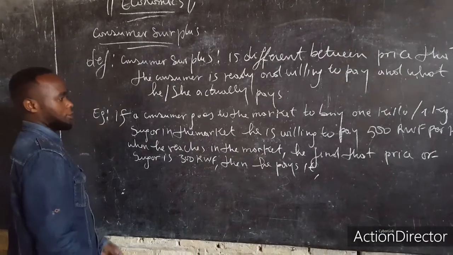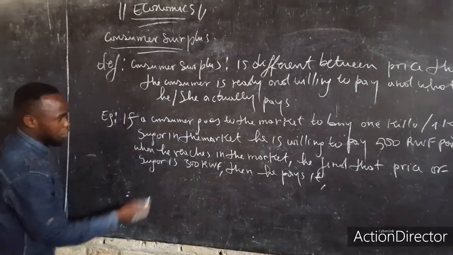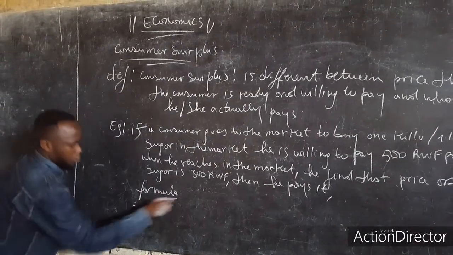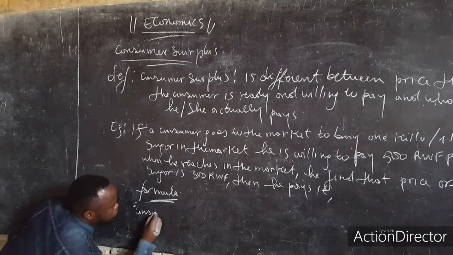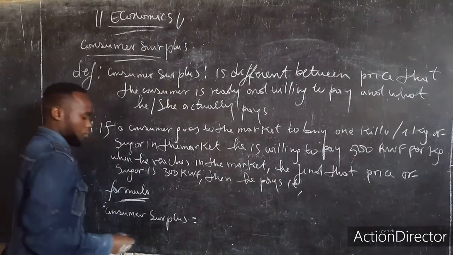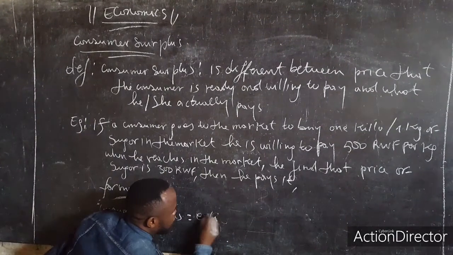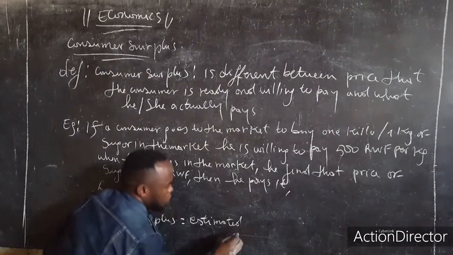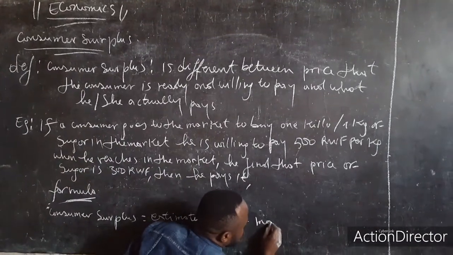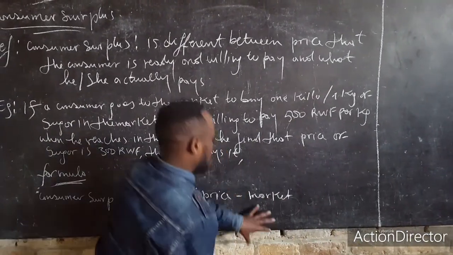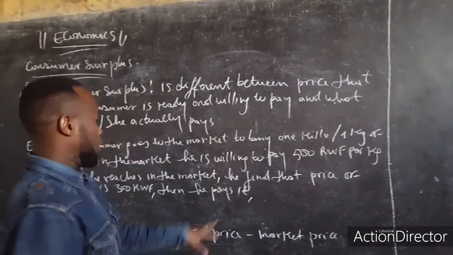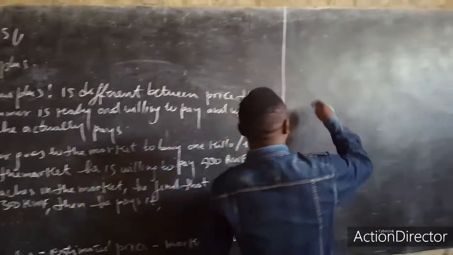a surplus. By using a formula to calculate consumer surplus, consumer surplus is equal to estimated price minus market price. It is clear that in our example, estimated price is 500 Rwandan francs.